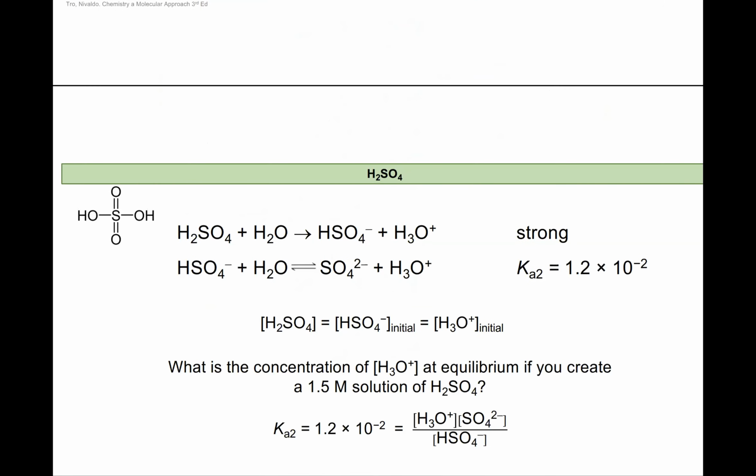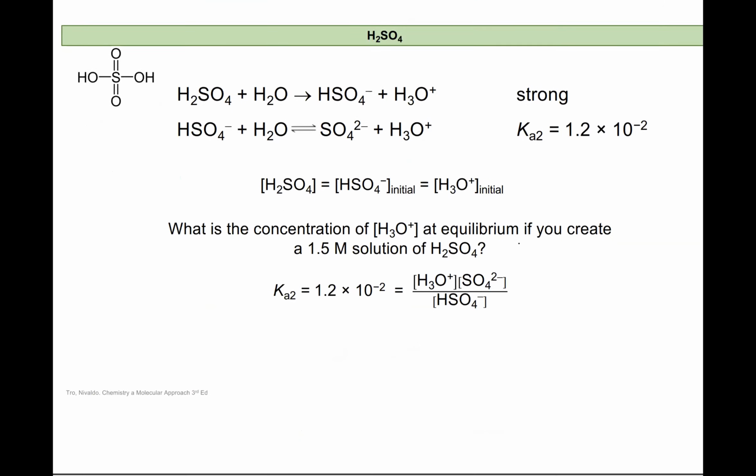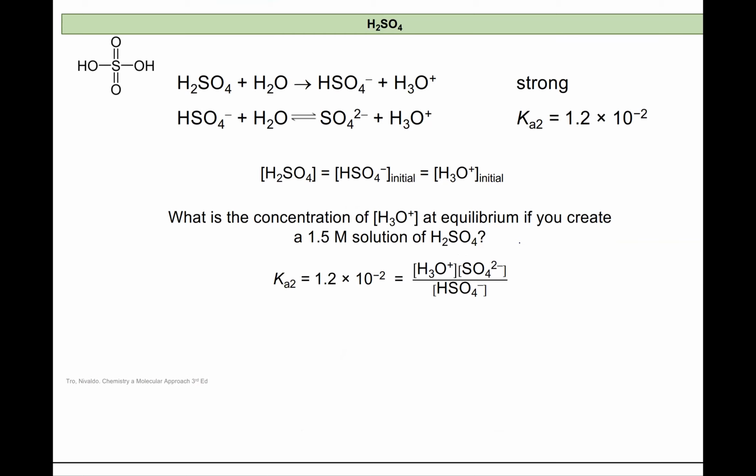But let's walk through one of these because it's also an interesting exercise in ice table problem solving. So here is sulfuric acid's two ionizations. We start with sulfuric acid and form HSO4 minus, which becomes the starting material for our second ionization, and it'll form sulfate.